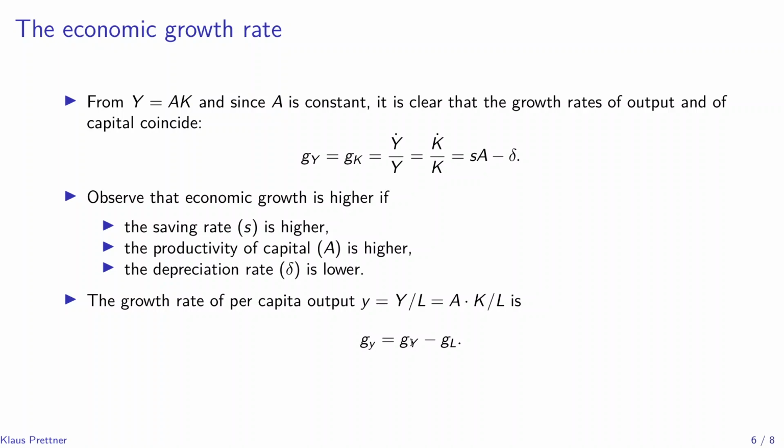However, this cannot last in the long run, because at some point capital would become the abundant production factor. So then at some point the total labor force would be employed, there wouldn't be any unemployment anymore, and then employment would become the limiting production factor. And in this case, growth in per capita GDP would fall to zero.